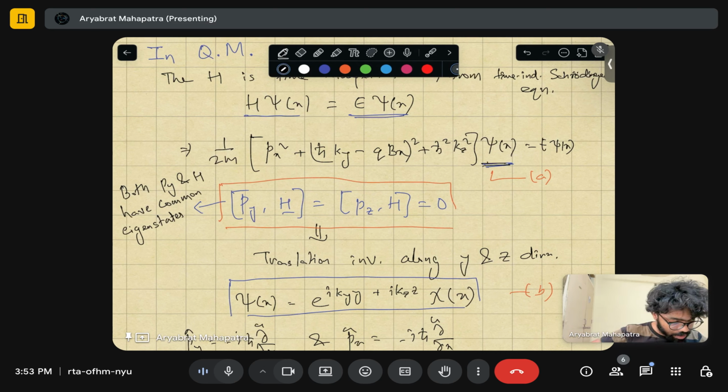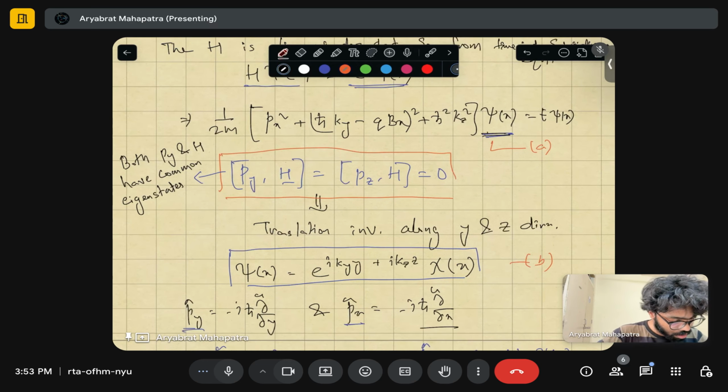It also tells us that the system is translation invariant. I hope you are aware of this term, translation invariant.